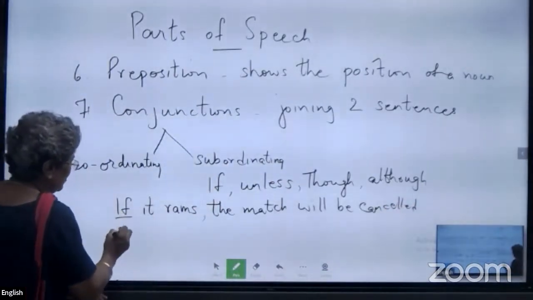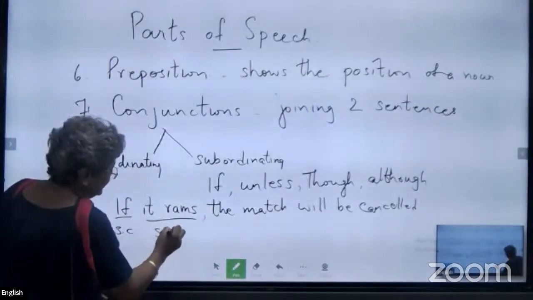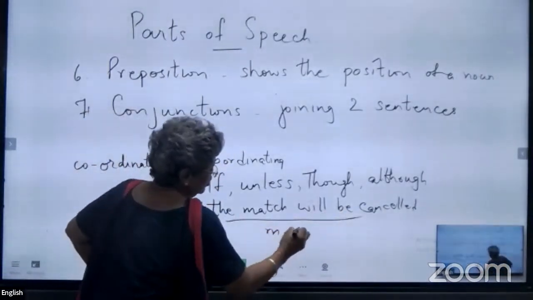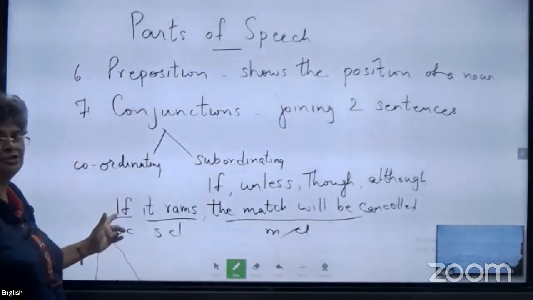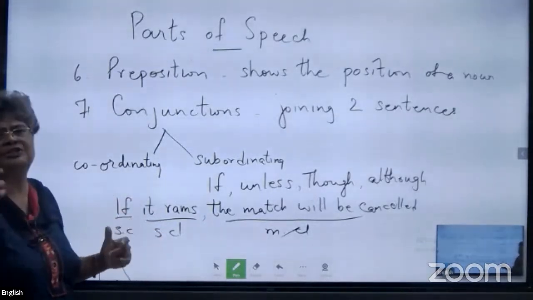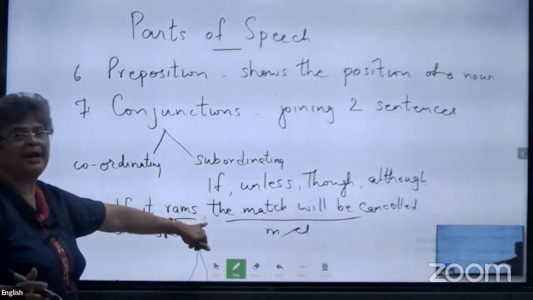This is a subordinating conjunction. This is the subordinating clause, and this is the main clause. Usually, the subordinating conjunction begins. Though she was sick, she attended the classes. This is separated by a comma.